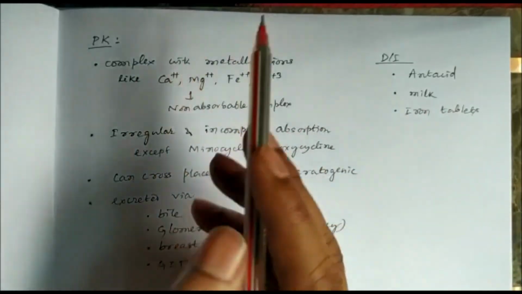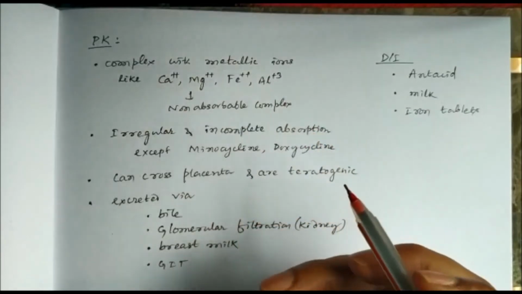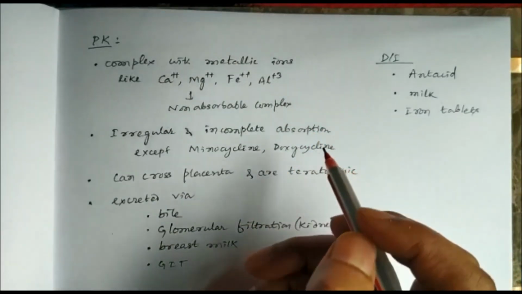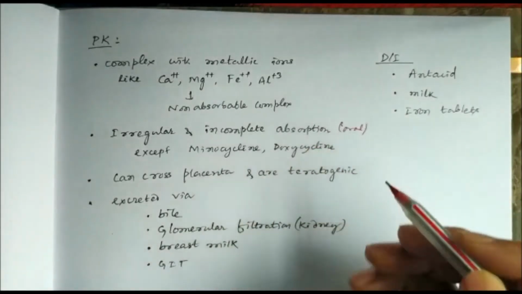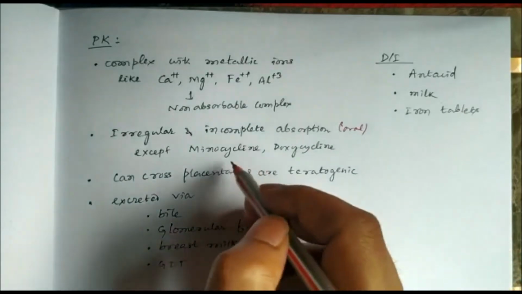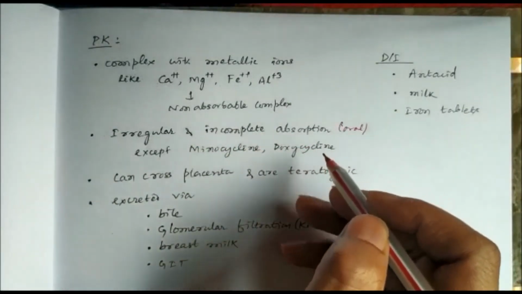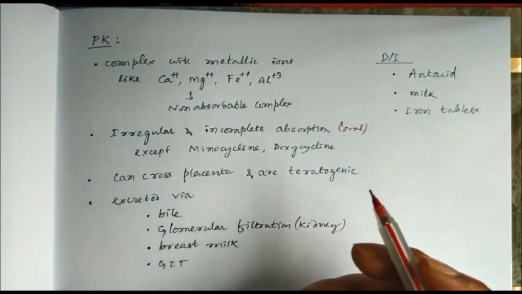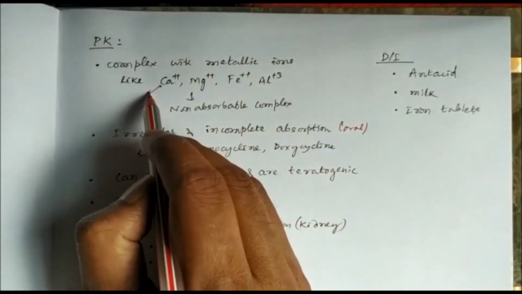Tetracyclines can be given both orally and parenterally. However, there is irregular and incomplete absorption if taken by the oral route, except minocycline and doxycycline. They are completely absorbed when taken orally. And then when there is formation of a complex, calcium chelates form.